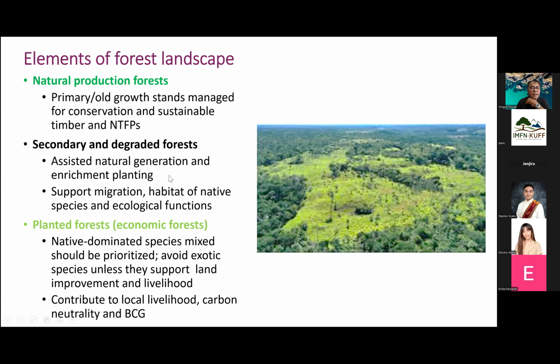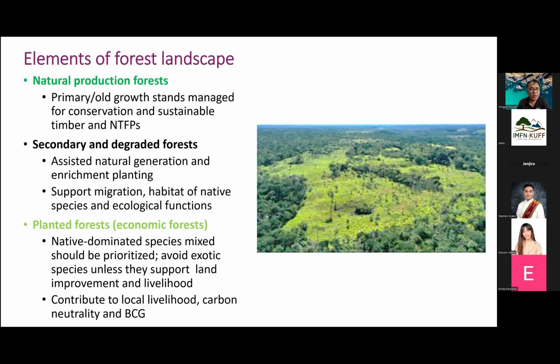And the degraded land or degraded forest, most of it is located outside protected areas. In addition, we also have the planted forest or economic forest, either planted with native or exotic species such as eucalyptus, acacia, or other species.